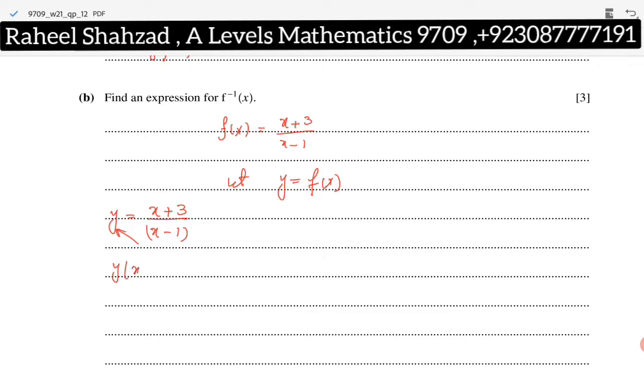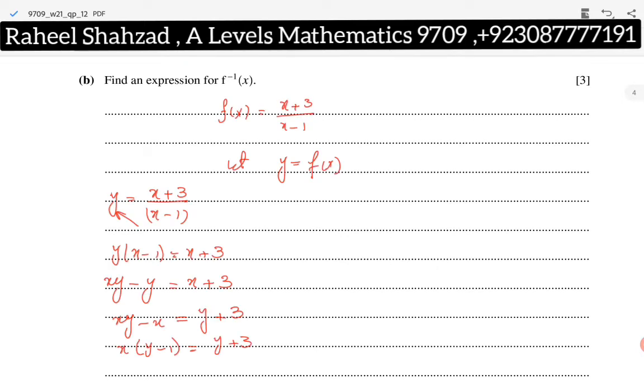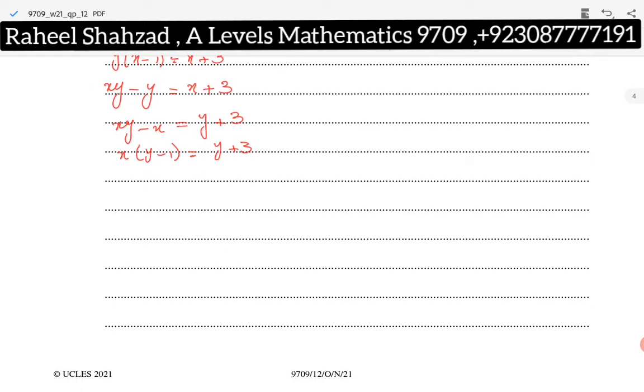So y times x minus 1 is equal to x plus 3, so xy minus y is equal to x plus 3. And it's going to be xy minus x is equal to y plus 3. We take x common, so x times y minus 1 is equal to y plus 3, right? And at the end we make x the subject. It's y plus 3 divided by y minus 1.